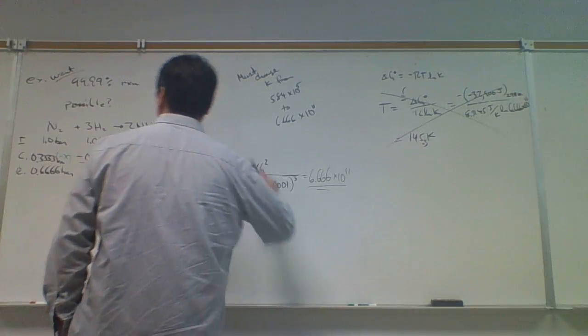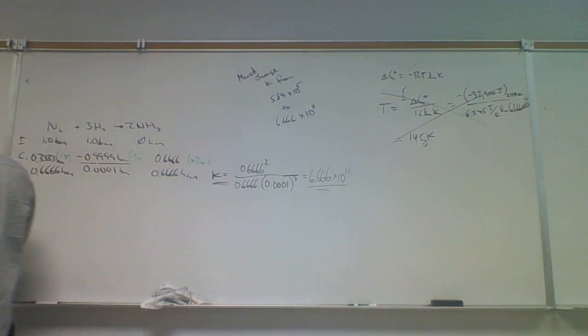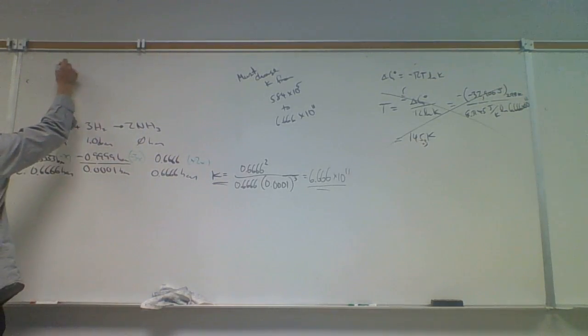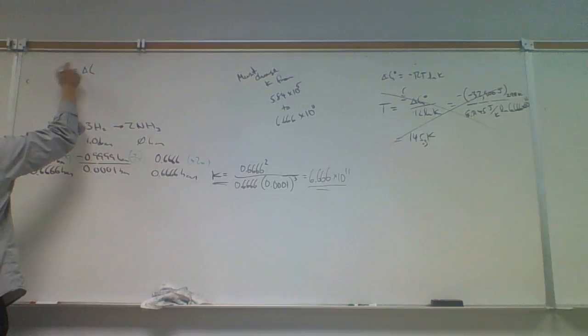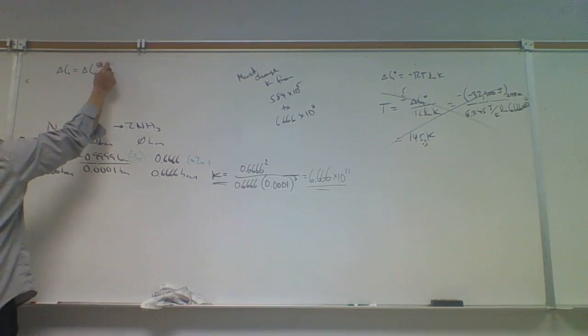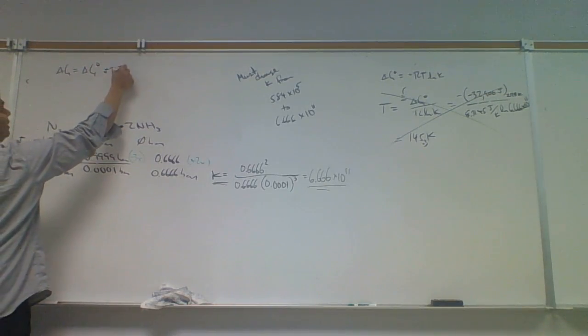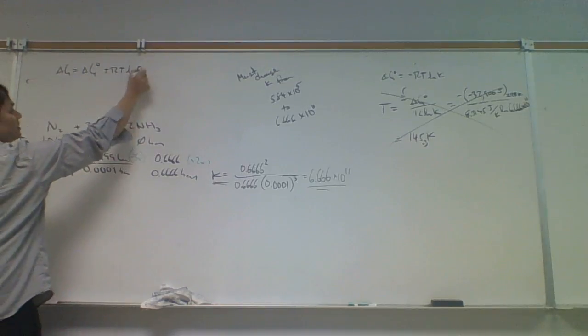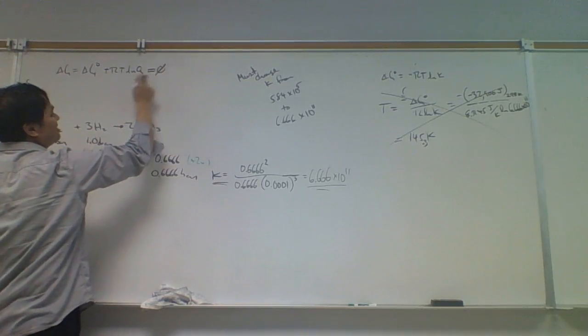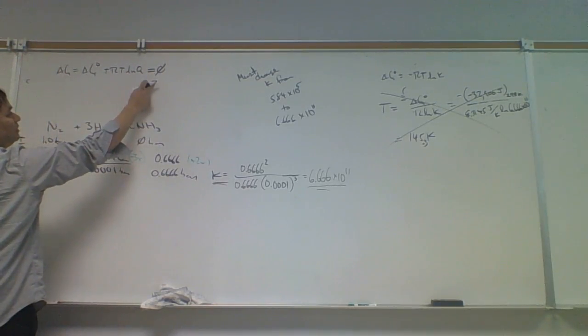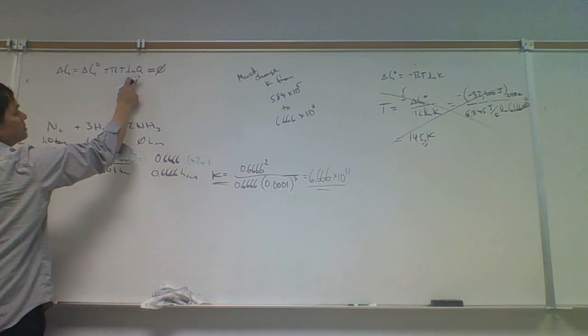Well, you know, if we do delta G under non-standard conditions, this is what we get. Delta G under non-standard conditions is delta G under standard conditions plus RT ln Q. Now, if we set this to 0, look what happens. Then Q becomes K, right?